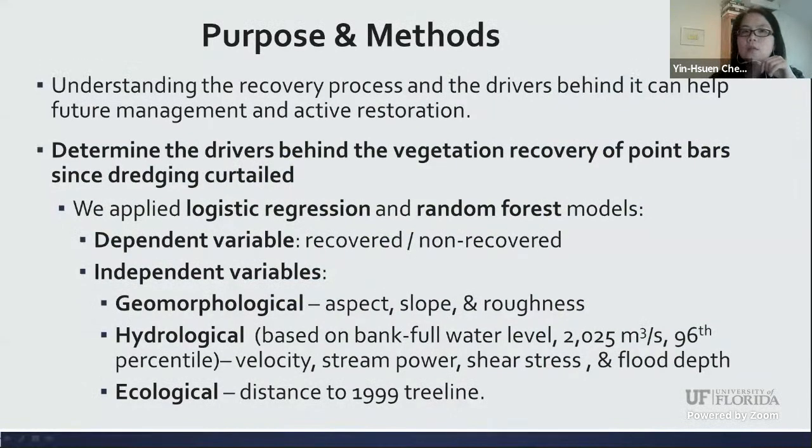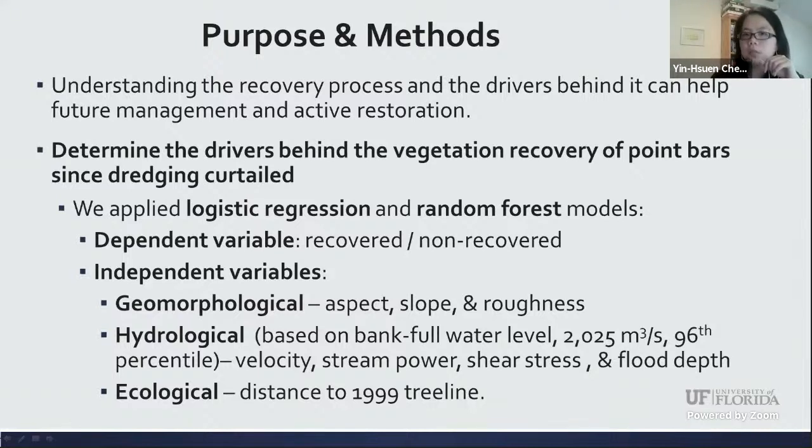The main purpose of this study is to find out the drivers behind vegetation regrowth or recolonization on the point bars in the study reach, which is part of the middle reach of the Apalachicola River.